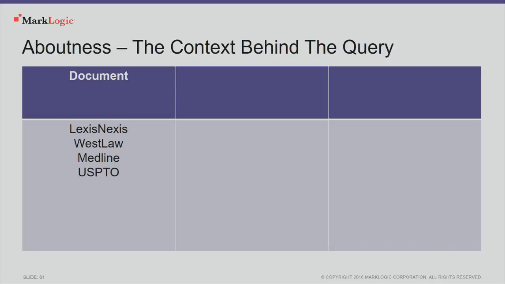Okay, so: aboutness, the context behind the query. Original search engines look for documents. The whole Z39.50 protocol was built around the assumption that you would submit a query, get a results list back, and then submit from the results list to go get the documents.